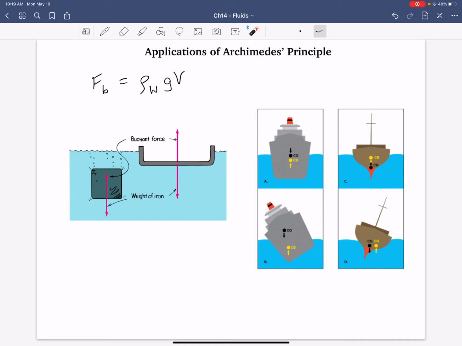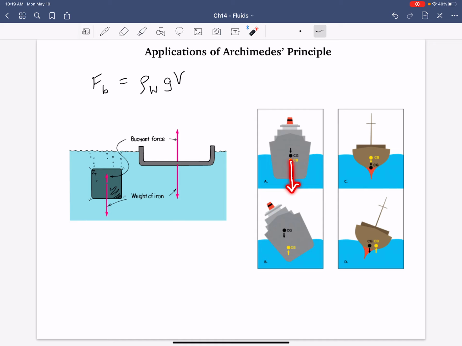Okay, and that's why ships are designed the way they are. So on the right side of the screen, you see two types of ships, right? On the left is more akin to a container ship, right? A much larger ship that carries much more weight, right? So its inherent weight may be greater.